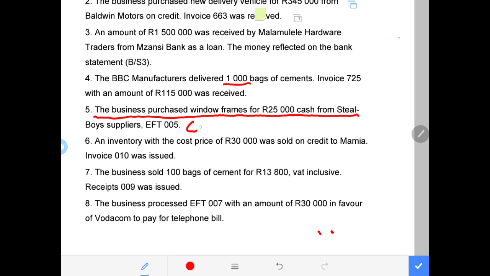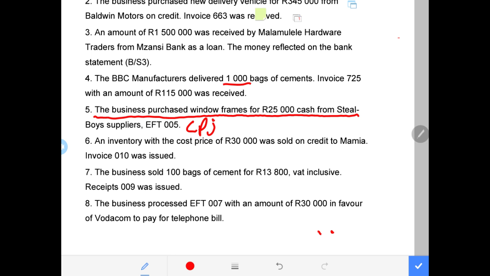This will be a cash payment journal. If you purchase for cash, that means you paid. So this is a cash payment journal. Now, if this is a cash payment journal and it's transaction number 5, then we need to look at the relevant columns that we will record.